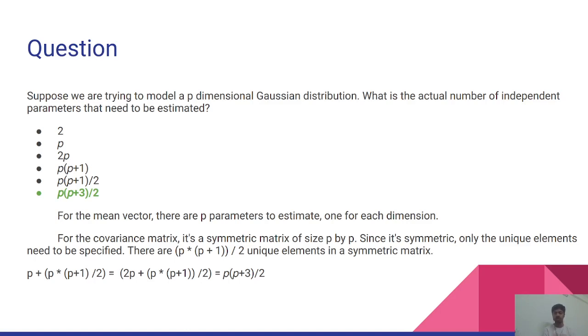For each dimension you have to find out the mean, so there are p parameters. And then the covariance matrix: how many independent values does a covariance matrix contain?